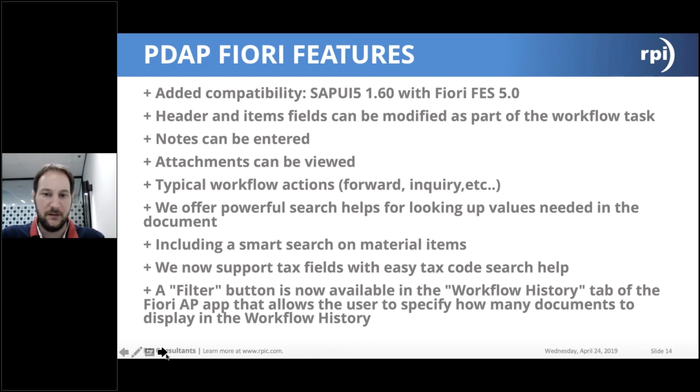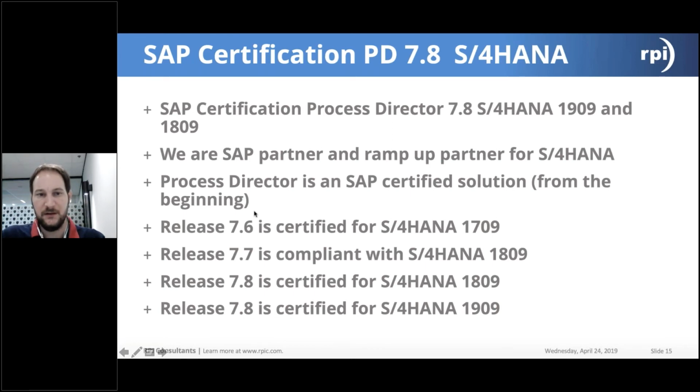So with this filter tab, they will be able to do that, or even to show which specific vendors they want to see in the history. So that is the last functionality that Camden should provide for better usability of the Fiori app.